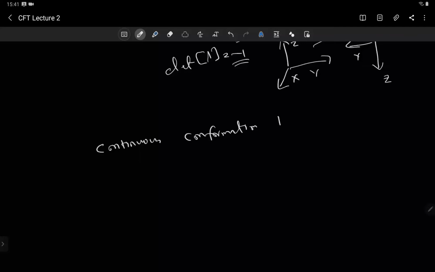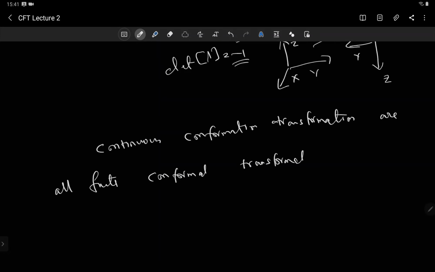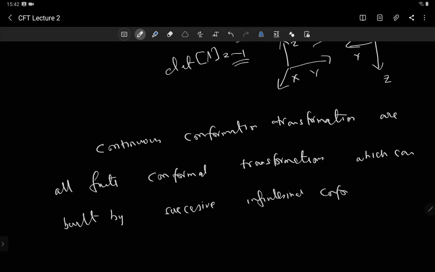So what are continuous conformal transformations? Continuous conformal transformations are all finite conformal transformations which can be built by successive infinitesimal conformal transformations, meaning by very small conformal transformations.